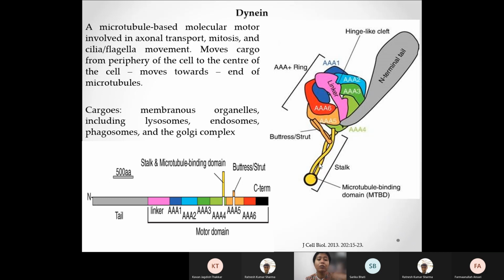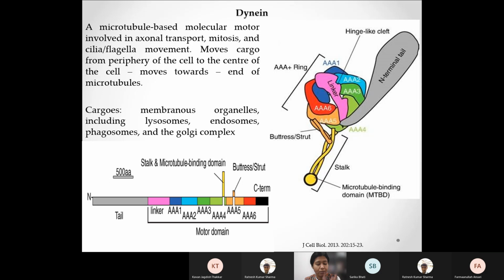If you remember, we had also seen coiled coils in myosins, where myosin tails form coiled coils. There's one helix, there's another helix, and the two helices wrap around each other to form a coiled coil. So you have this coiled coil structure, and you have something called the buttress. We'll come to this, followed by the C-terminus.